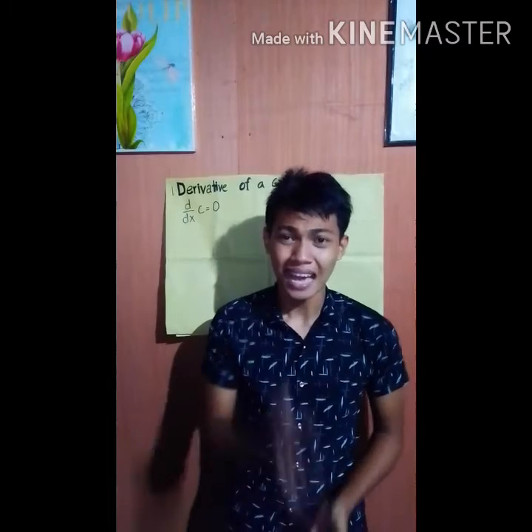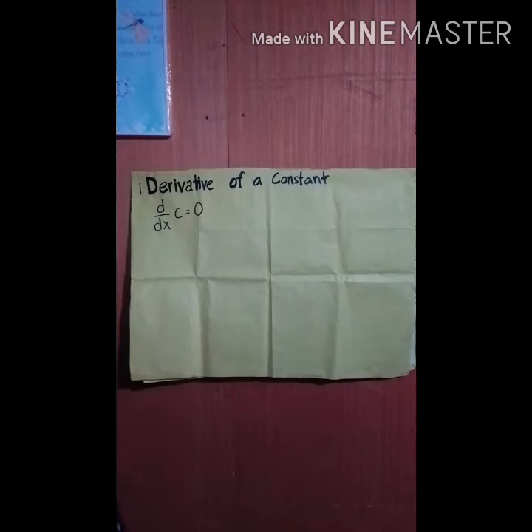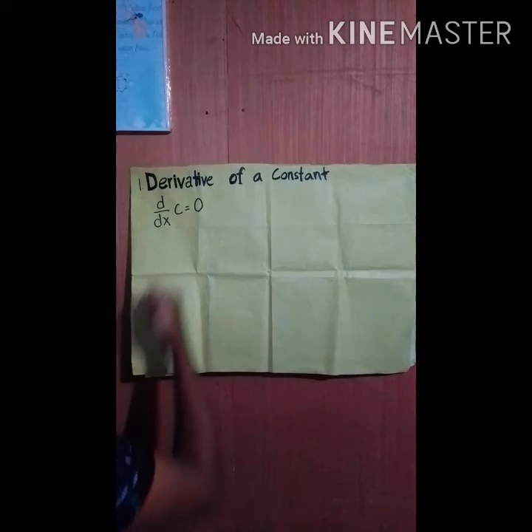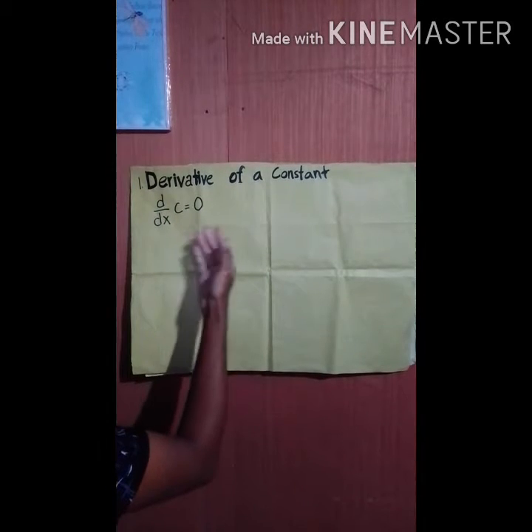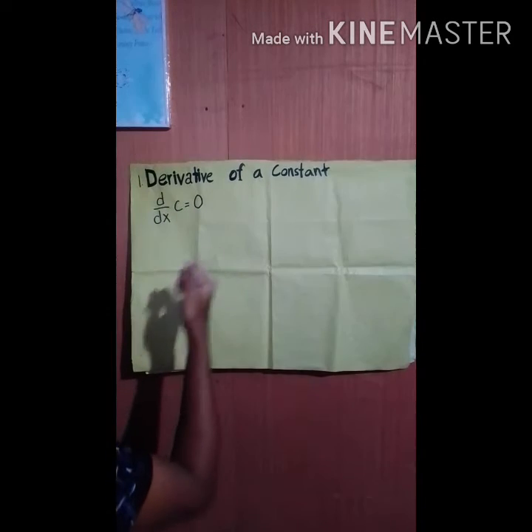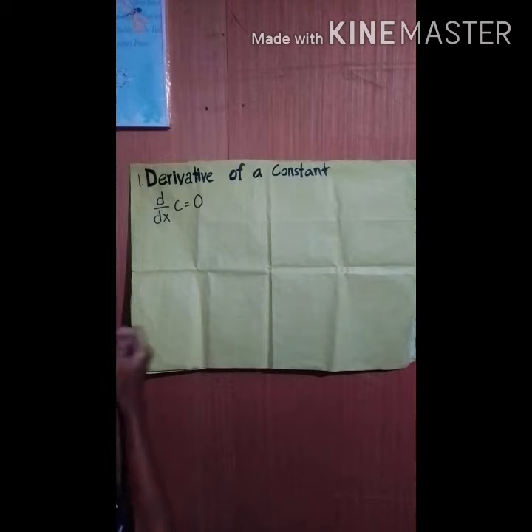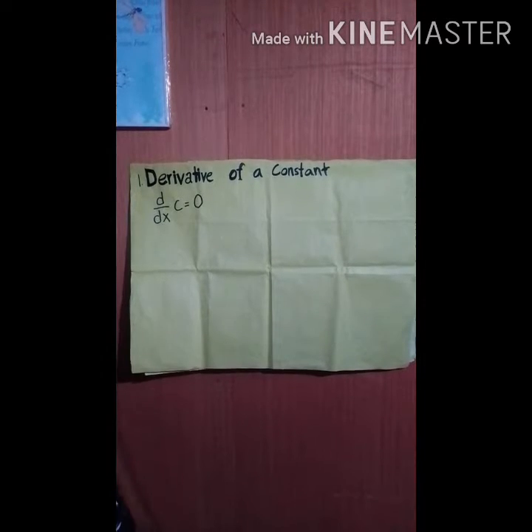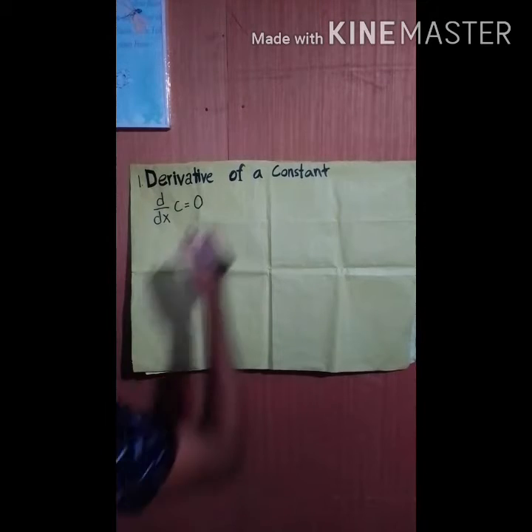Rule number 1, derivative of a constant. In this lesson, we're going to go over the constant rule for derivatives. The formula for the derivative of a constant is the derivative of c is equal to 0. If you see the expression differentiate c with respect to x, we want to differentiate with some examples.